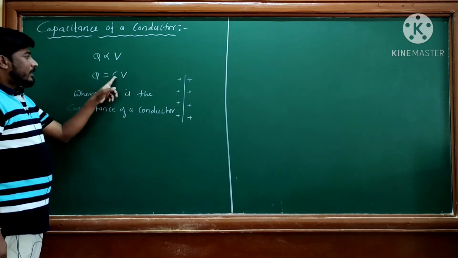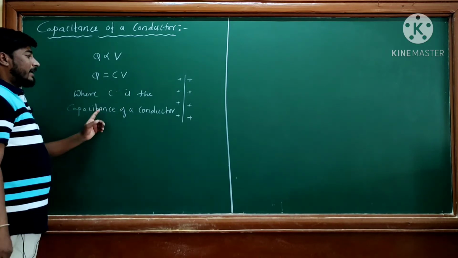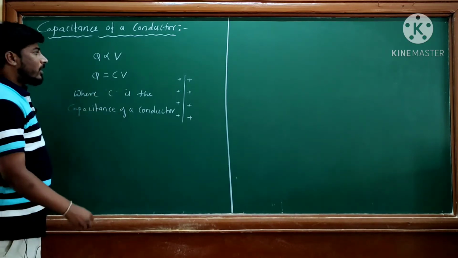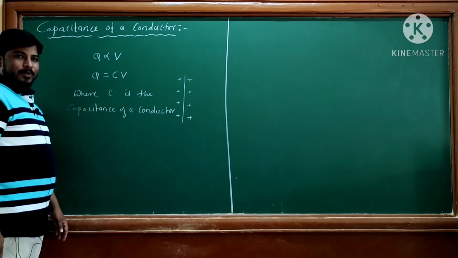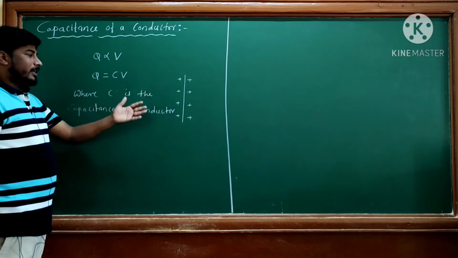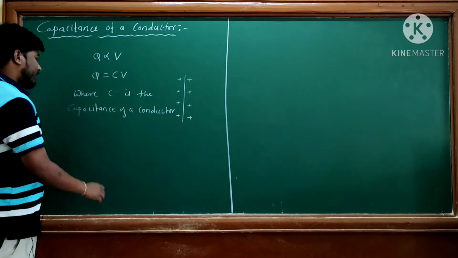Alright. C is the capacitance of that conductor. C we may also call a constant for that conductor, and we call it the capacitance of that conductor.